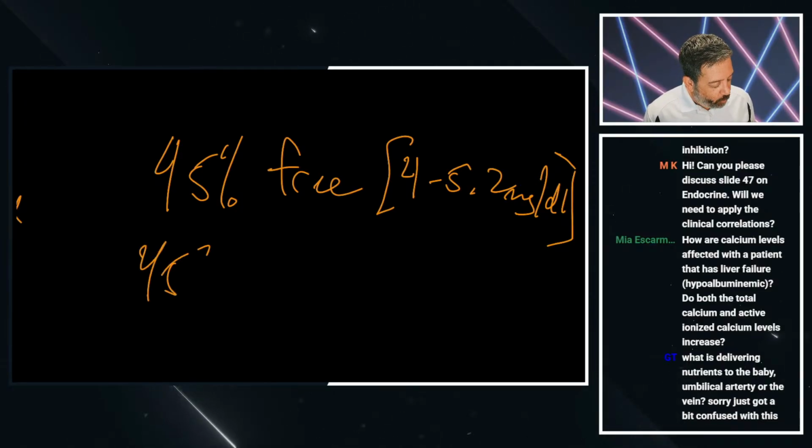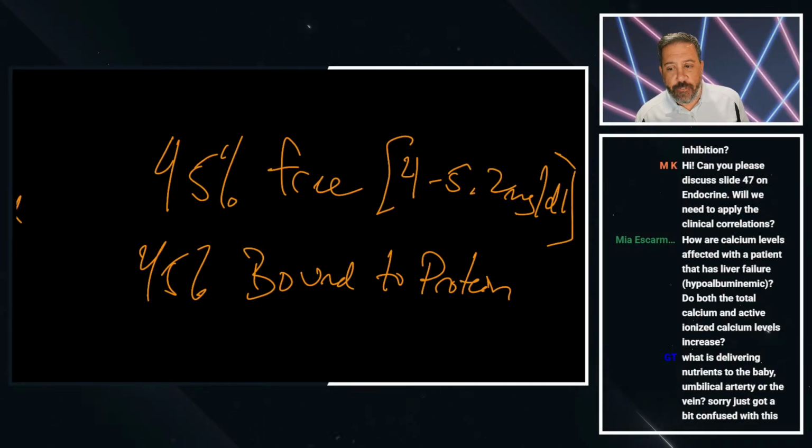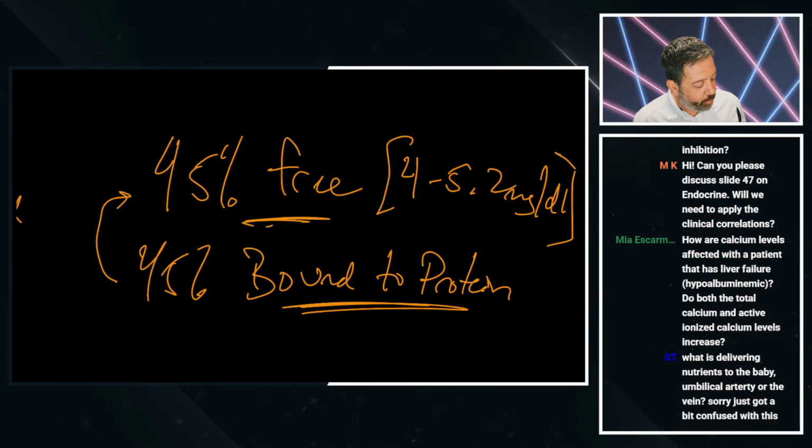Another 45% of the calcium is bound to a protein. If you don't have proteins being created because you have liver failure, you have less proteins to bind, so your free calcium is going to go up. You're going to have hypercalcemia because nothing is being bound to the protein. It's going to be free, and that's going to cause your calcium levels to go up.